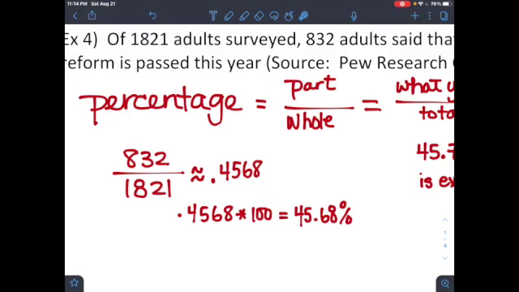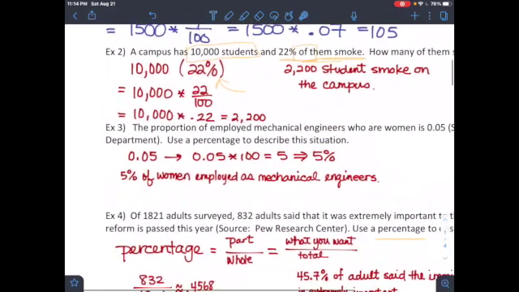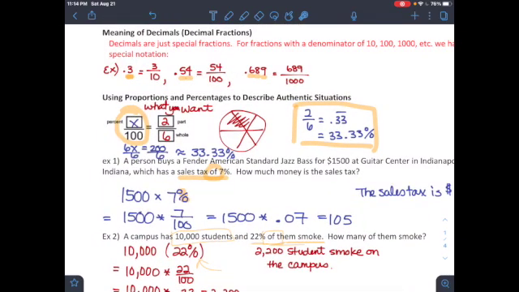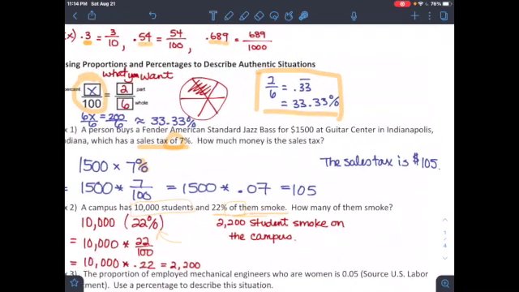Previously, I told you that if you want to figure out the percentage, you can do it 2 ways. You can do it with 100%, or just take the decimal times 100, and you get the same thing.